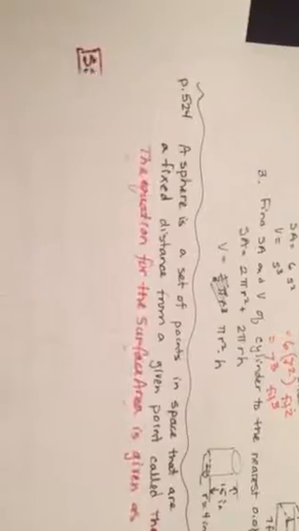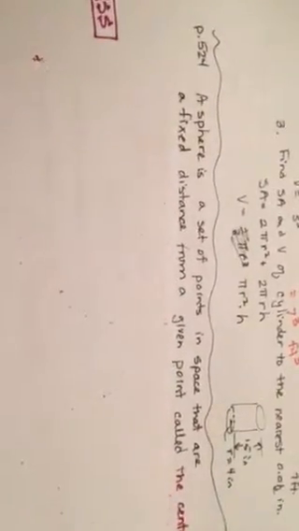But on 524, they want to introduce a definition of a sphere. You know that it resembles a ball, but a sphere is a set of points in space that are a fixed distance from a given point. That is called the center of the sphere.